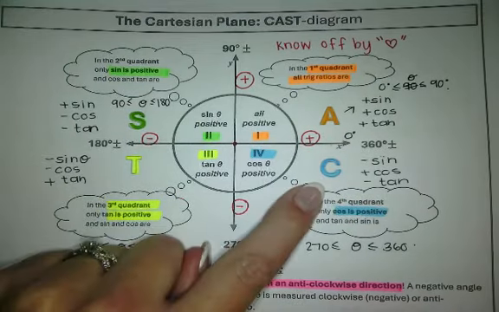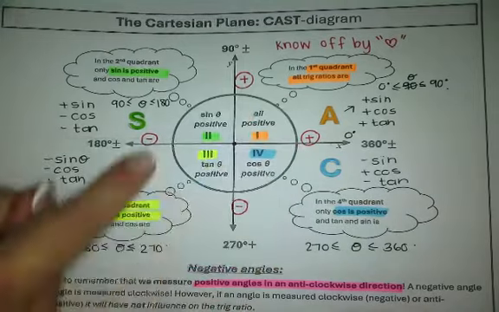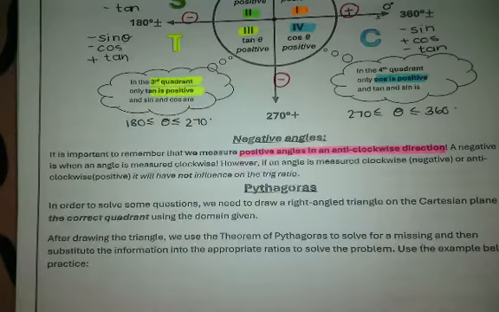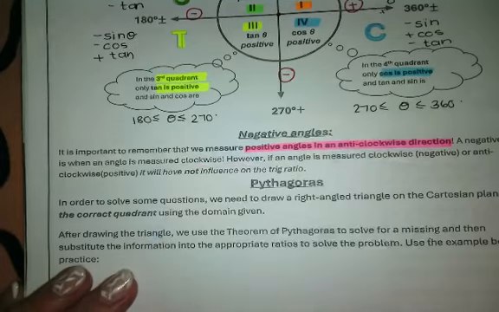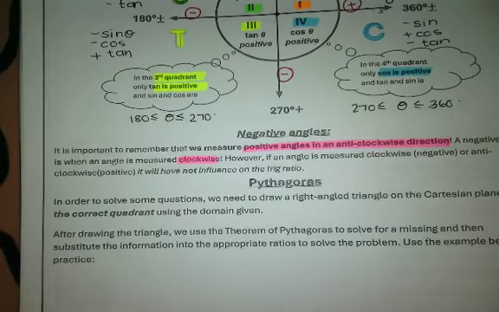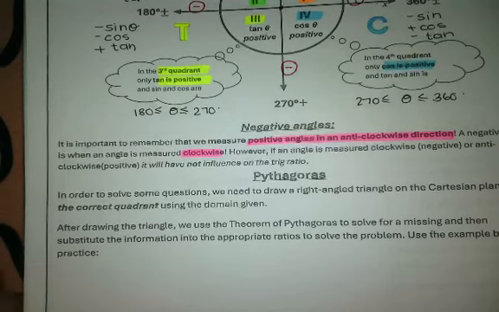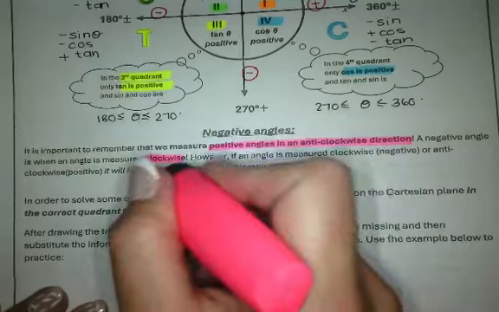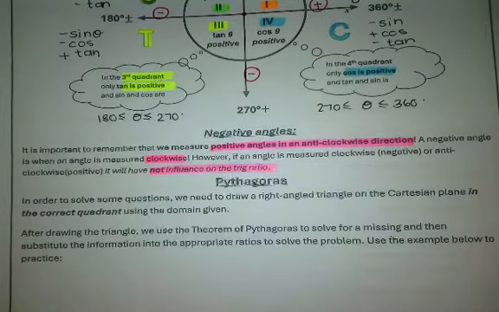Negative angles are measured in a clockwise direction, so it's going to be the other way around. However, whether an angle is measured clockwise or anti-clockwise, it does not influence the trig ratio. When we get to examples, I will show you negative angles.